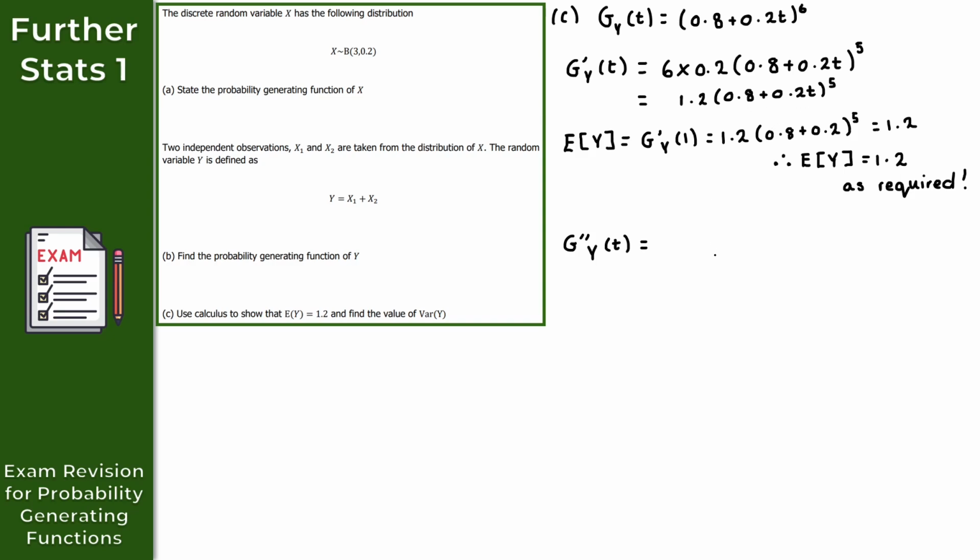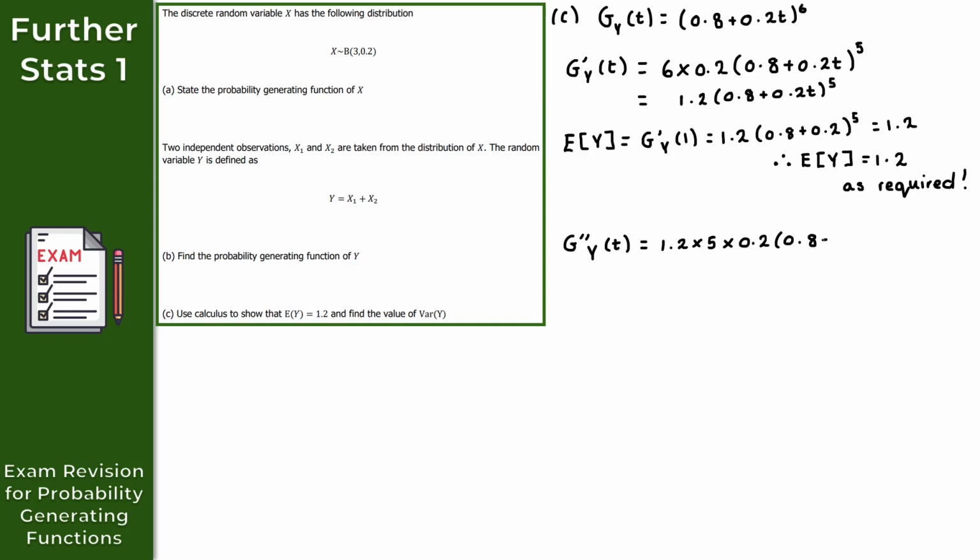So what am I going to get here? Again, just basic chain rule. So it's going to be 1.2 times the power, so 1.2 times 5. And don't forget, we also times by the derivative of the inside of this bracket, which would be 0.2. And then we times by the bracket, but don't forget, we also need to reduce the power by 1.